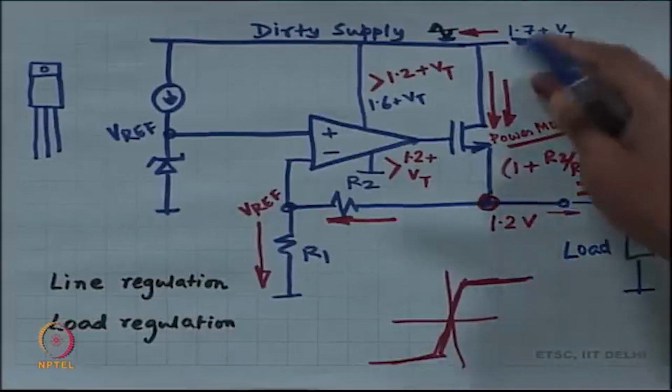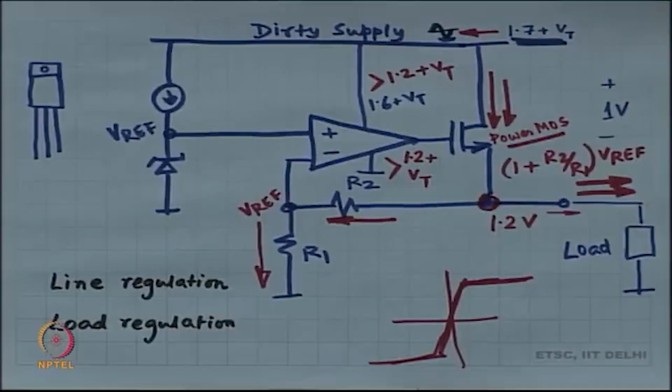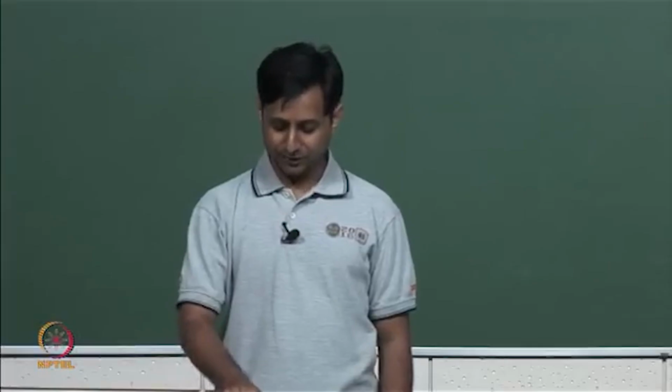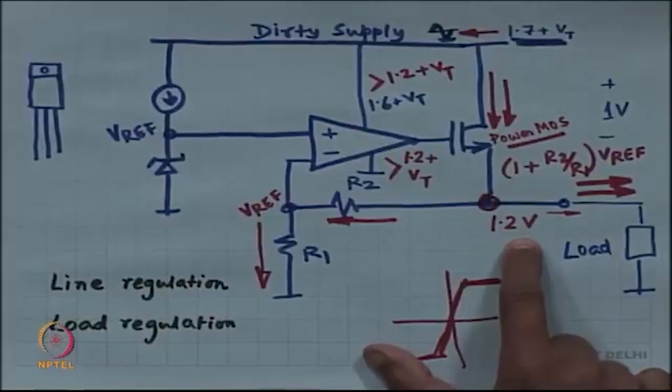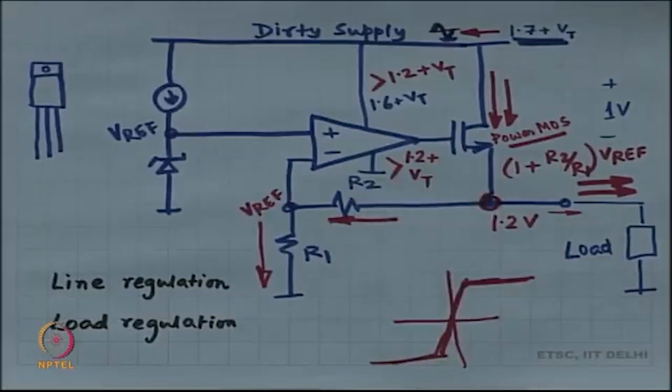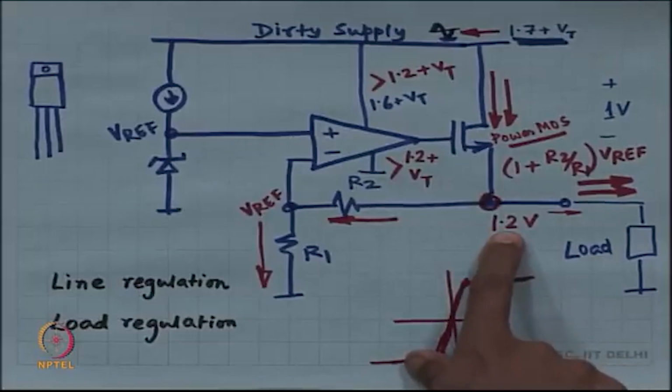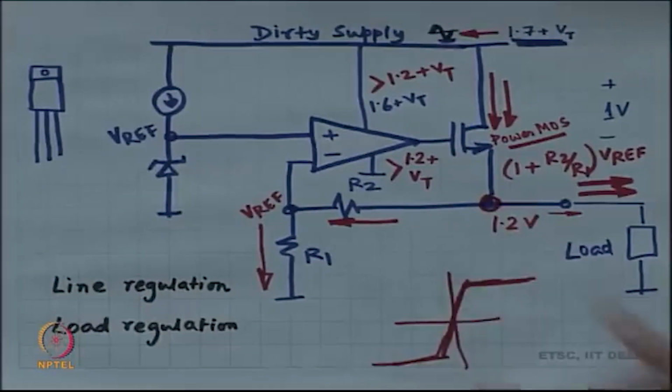Then suddenly your efficiency becomes 10 by 11, which is much better than 60 by 110. So, it all depends on how large this value is. If this value is large, then you are at an advantage.